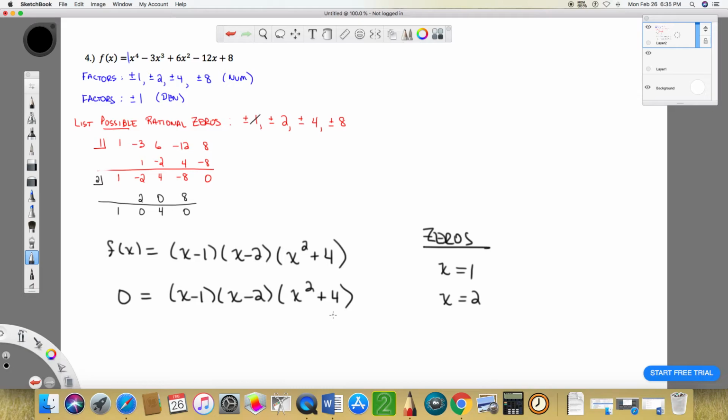It can with complex numbers, but not with real numbers. And that's all we're looking for right now is the real zeros. So even though this was a polynomial of degree 4, it has 2 real zeros and 2 imaginary zeros, but we're just finding the real zeros.